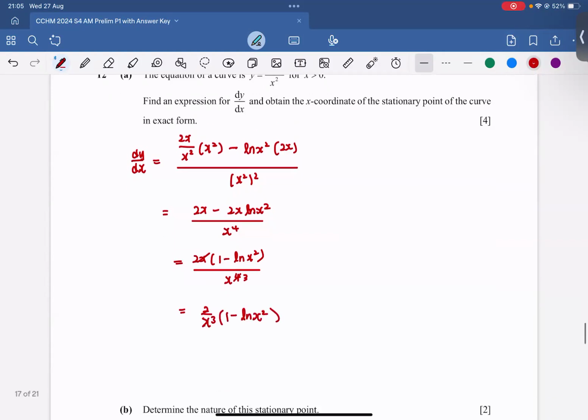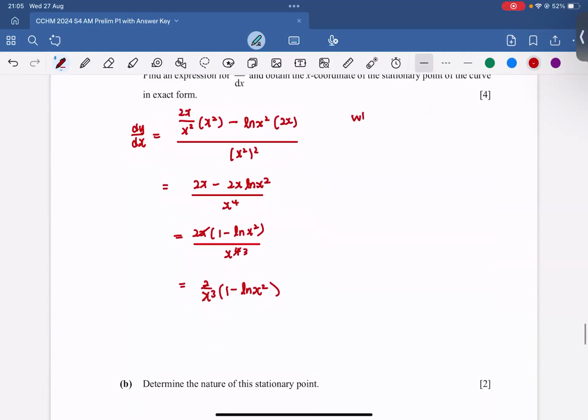Stationary value means when dy dx equals to 0. Then we will have 2 bracket 1 minus ln x squared equals to 0.